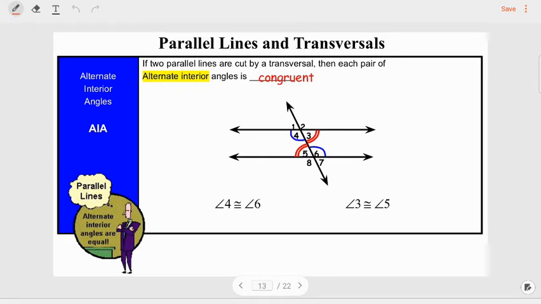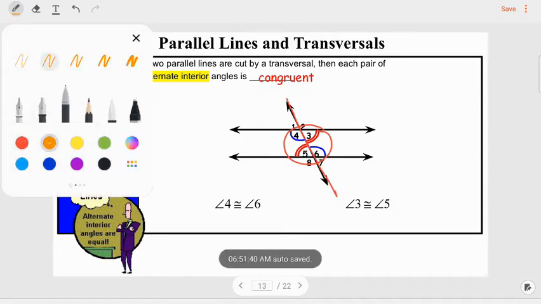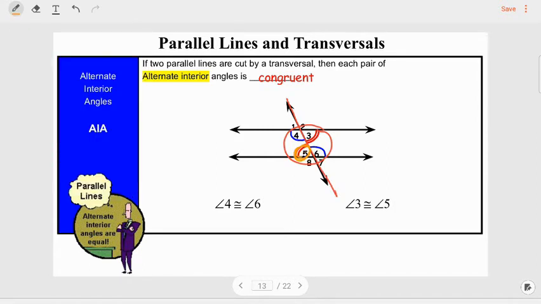If I'm looking at just the interior angles and I want them to be on alternate sides of this line, if I'm looking at angle 5 on the inside, the alternate on the opposite side of my line, but on the second intersection, is going to be angle 5 and angle 3, and angle 6 and angle 4. I like to think about that they're diagonal from each other. So that's alternate interior. And they're equal to each other.